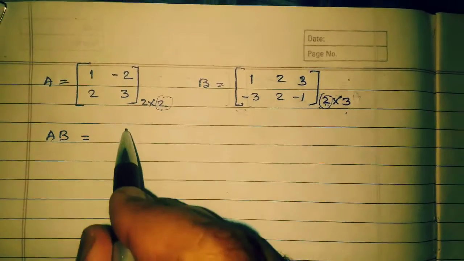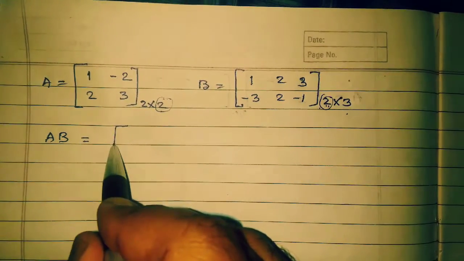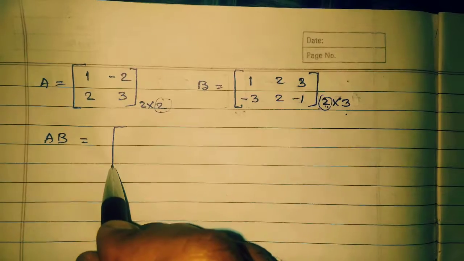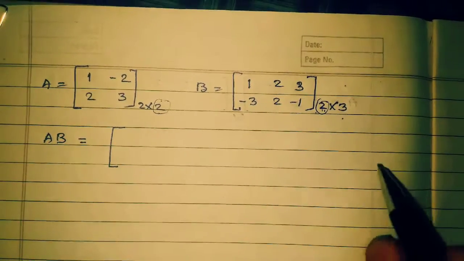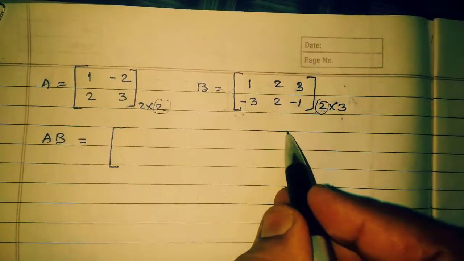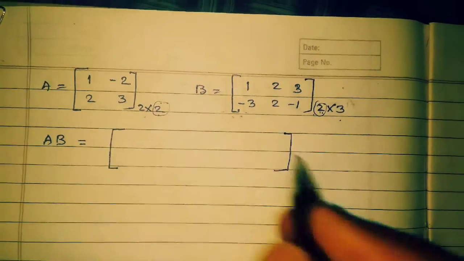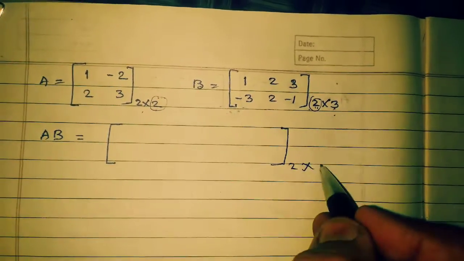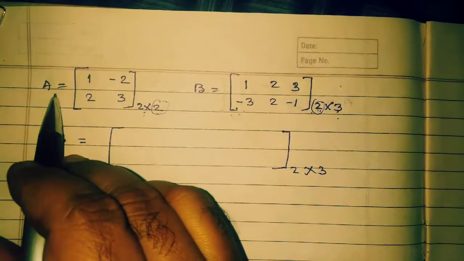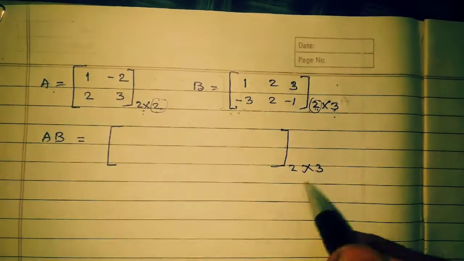So now the resultant matrix, when we find out the resultant matrix order, it will be 2 into 3, meaning the row of the first matrix and the column of the second matrix.